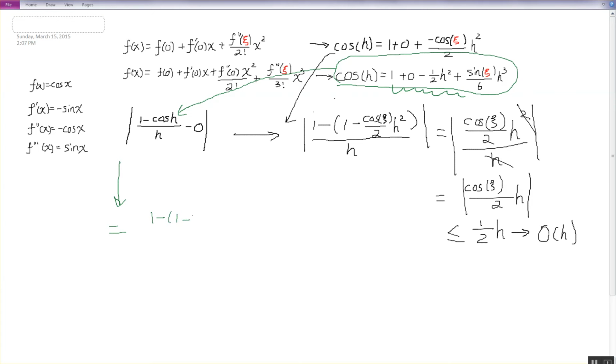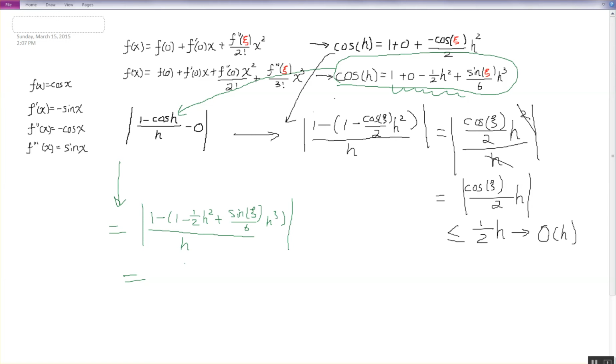So 1 minus 1/2 of h squared plus sine xi over 6 and h cubed, and divided by h. After that, you drop the parentheses, and 1 and 1 will cancel.